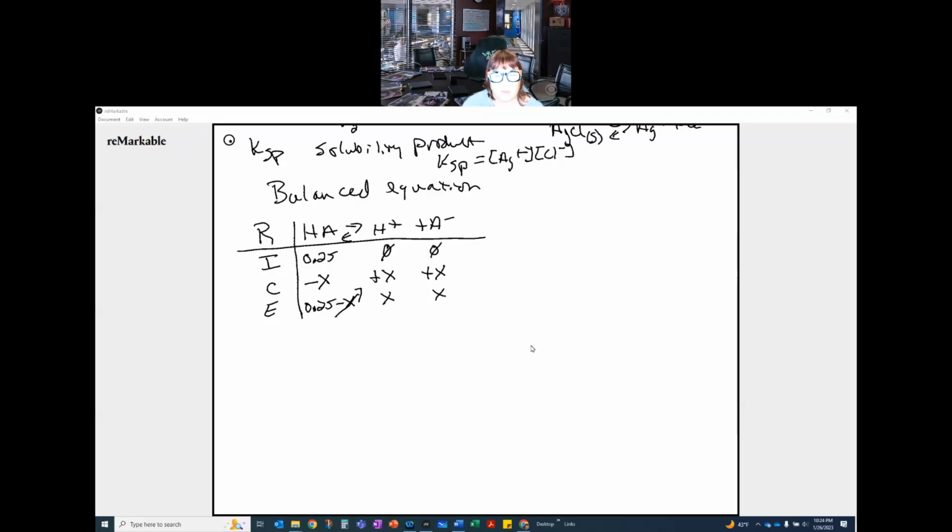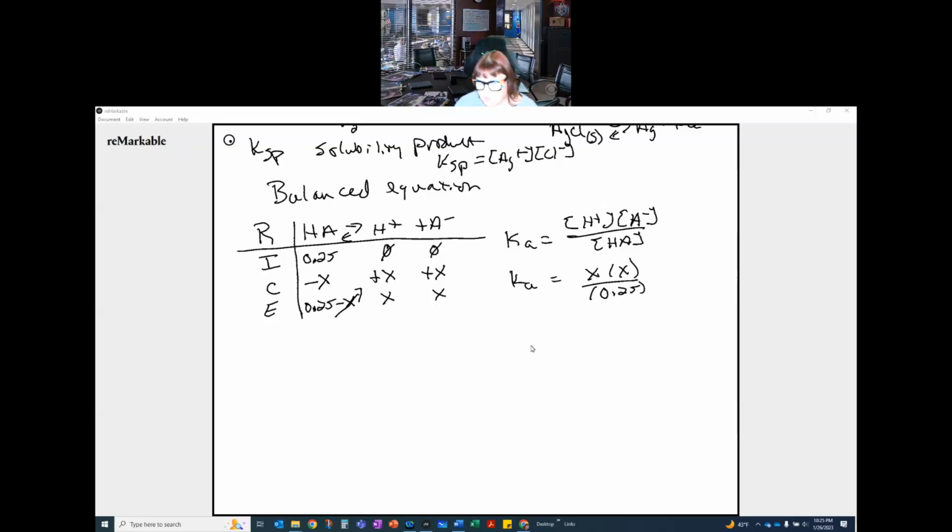But that's the assumption that we make. That allows us to say the Ka for this is the H plus times the A minus over the HA, so my Ka is going to be equal to X times X over the initial concentration of HA, here 0.25.